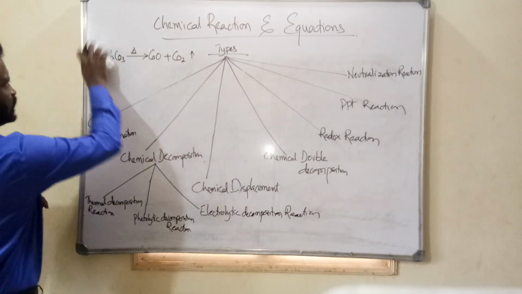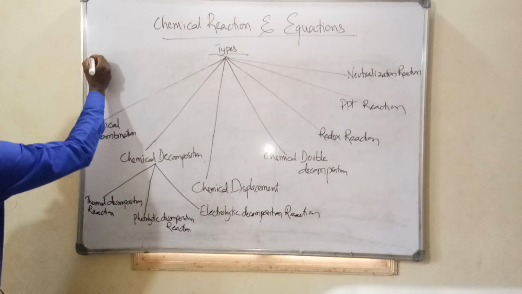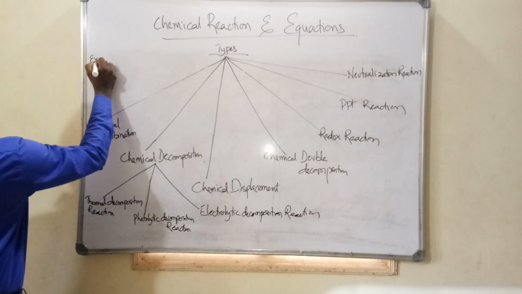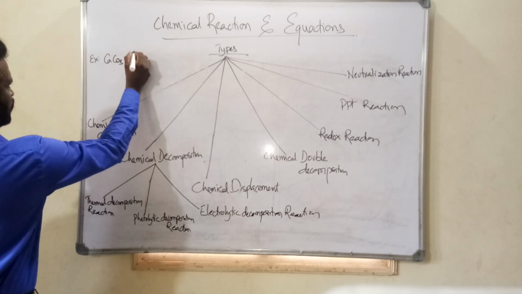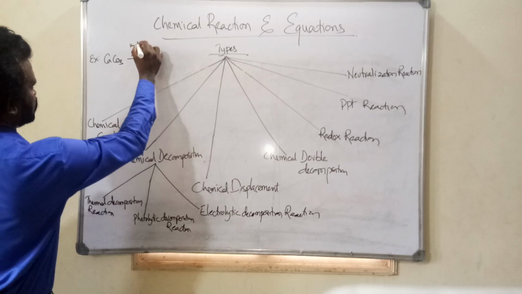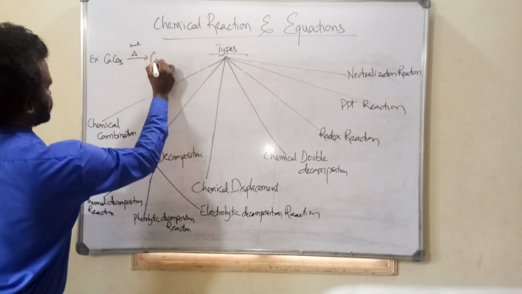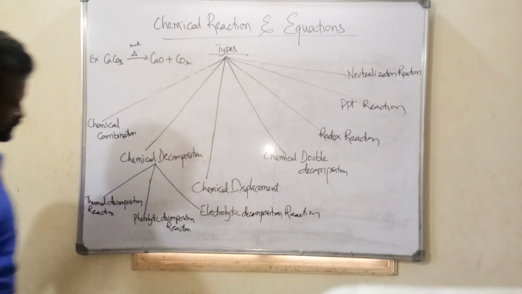Shall I take examples here one by one? Thermal decomposition reaction. Example: calcium carbonate. Heat is required to decompose this. Here, calcium oxide plus carbon dioxide.